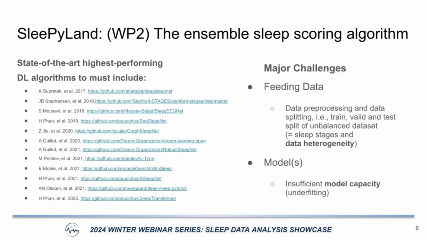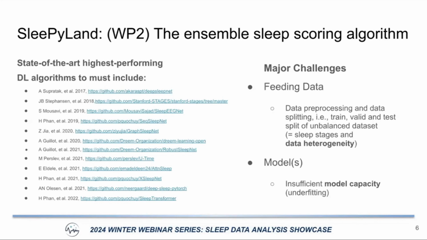The point here is that when we try to exploit all these algorithms, we're going to face some challenges, and here I'm just reporting two of them. One challenge is related to the data themselves. We have to feed this data to all these algorithms, and as you can imagine, all these algorithms have been built over the years on different data sets.